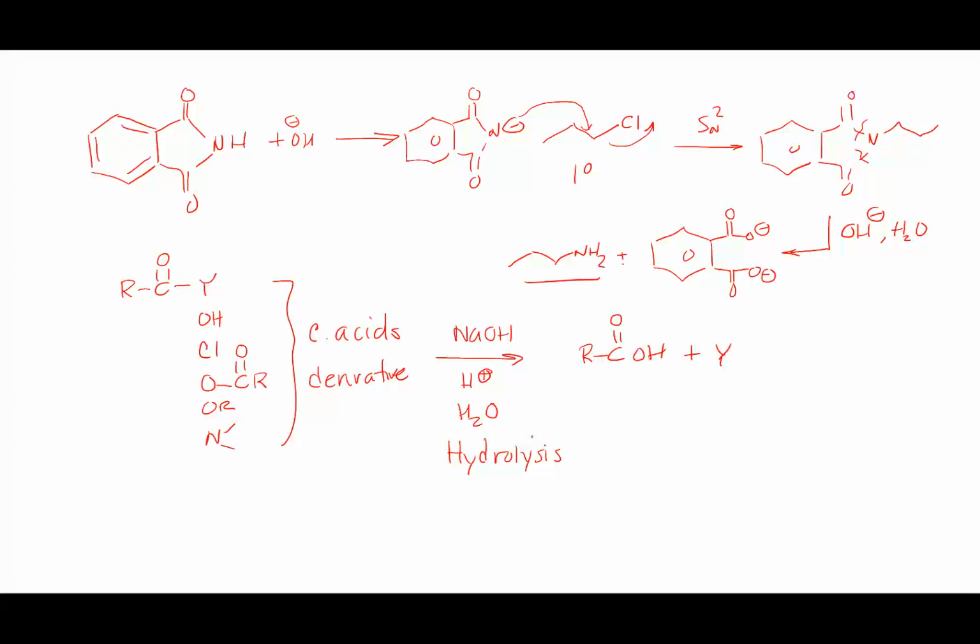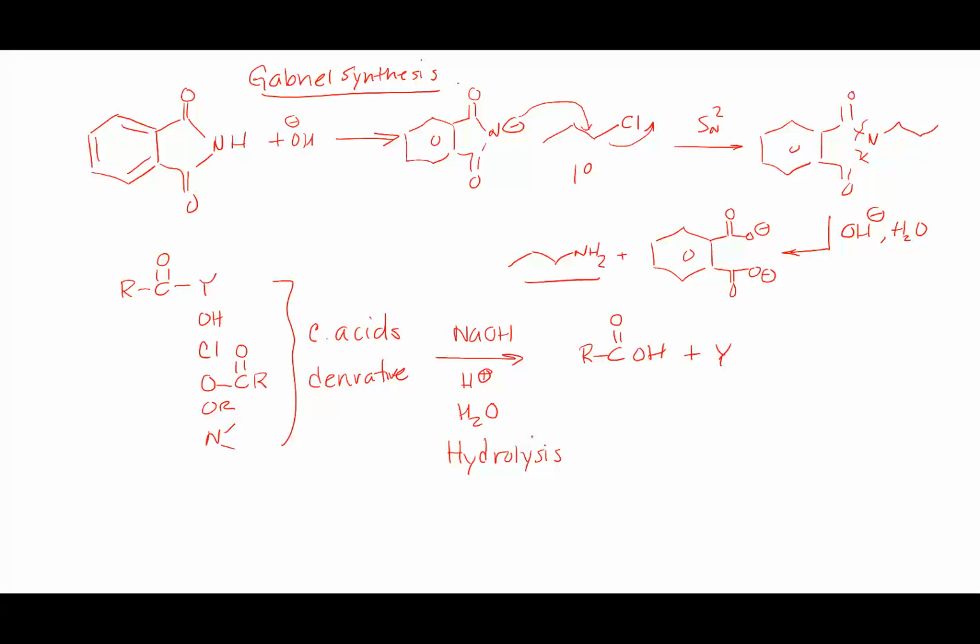And so that is classically what we call the Gabriel synthesis. And so it's a classical way of making a primary amine.